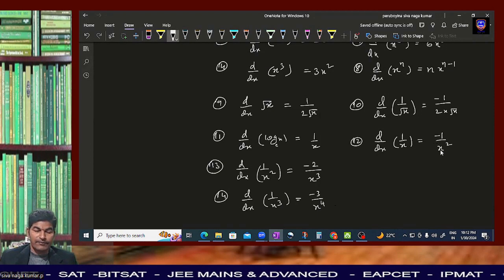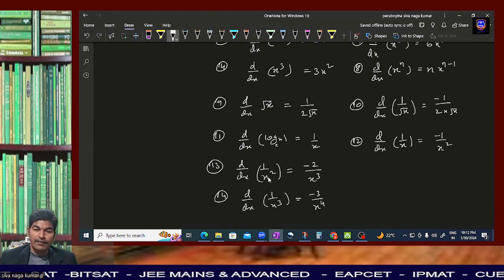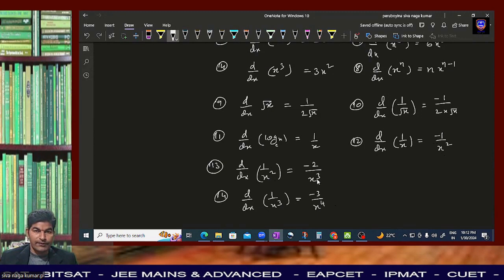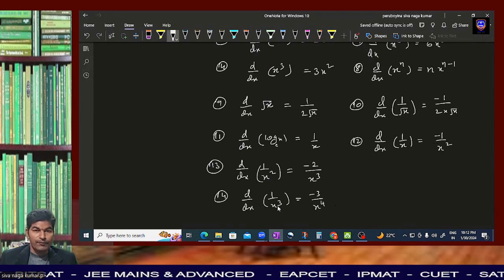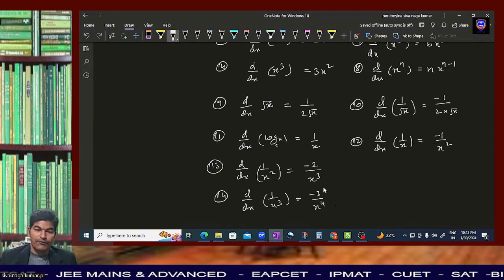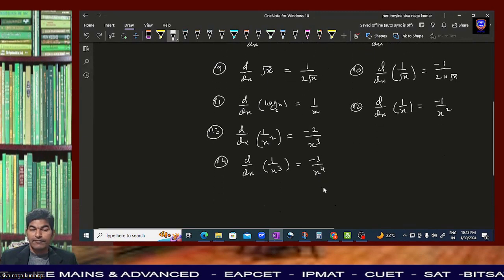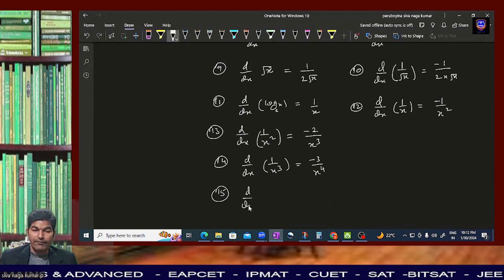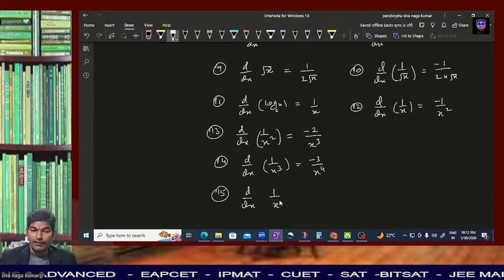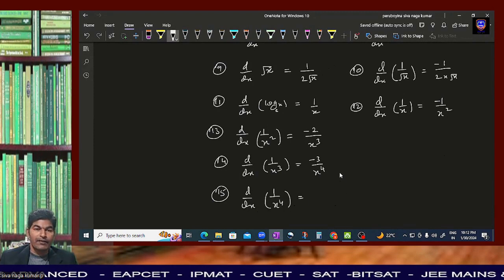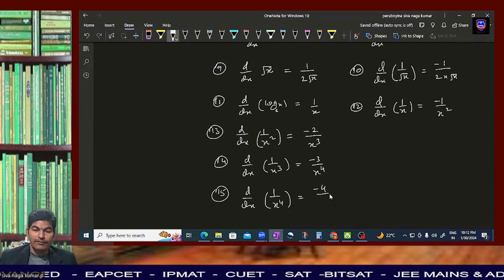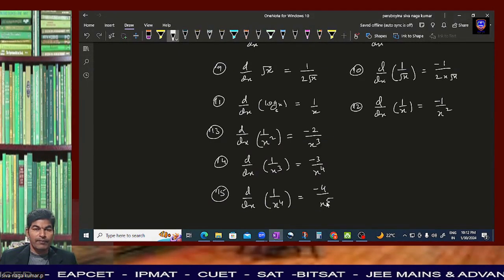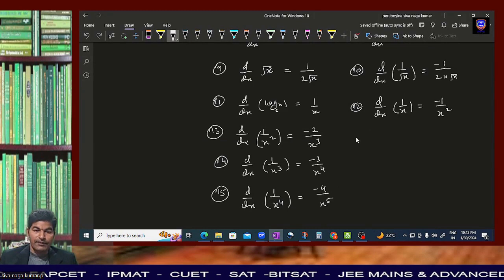Minus 1 by x square. 1 by x square derivative is minus 2 by x cube. 1 by x cube derivative is minus 3 by x power 4. Now, guess what 1 by x power 4 derivative is? Yes, correct. Minus 4 by x power 5.